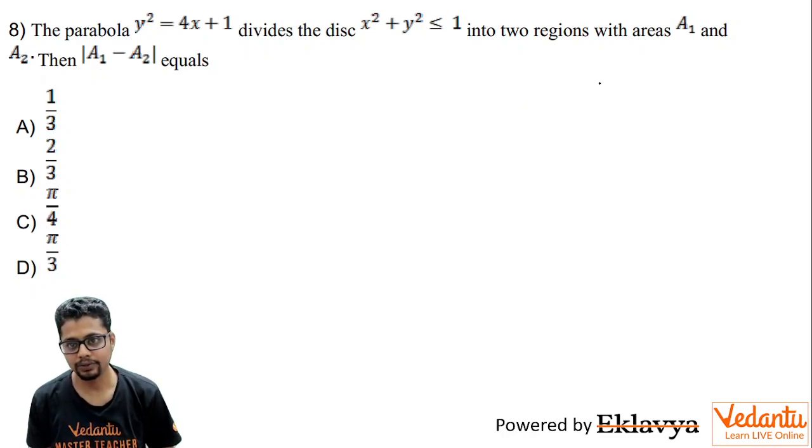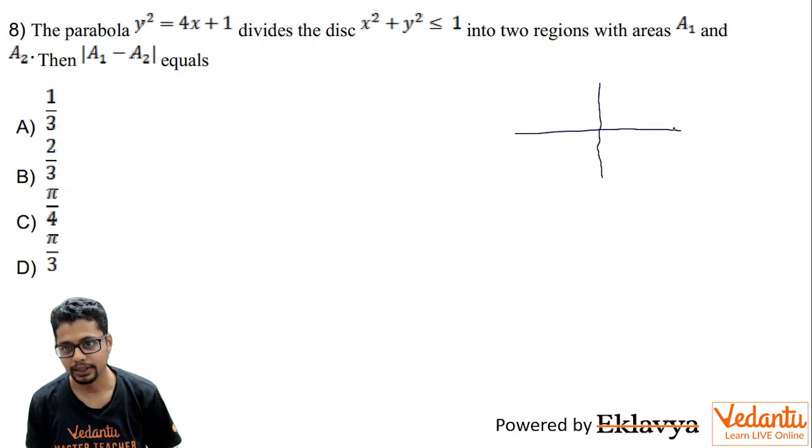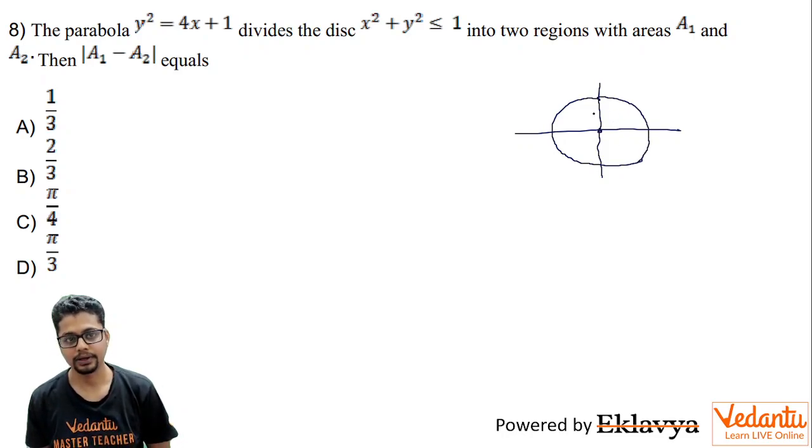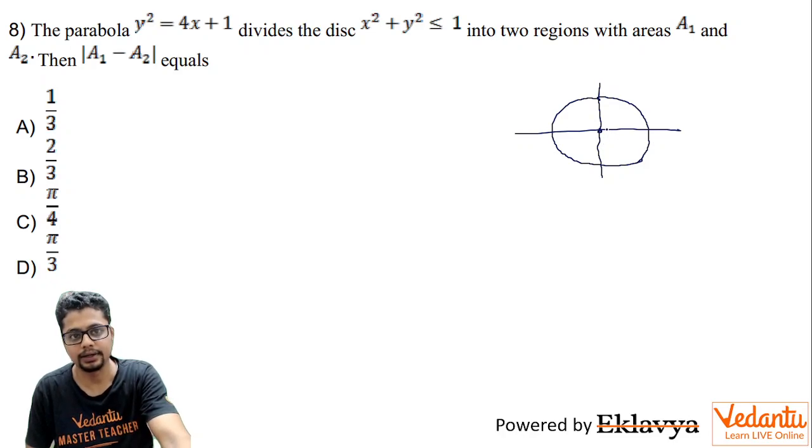So here what we have just now seen is a circle with center at origin and radius 1. And y squared equals 4x plus 1 would be a parabola which will be concave right, and it will have vertex at minus 1 by 4 comma 0.